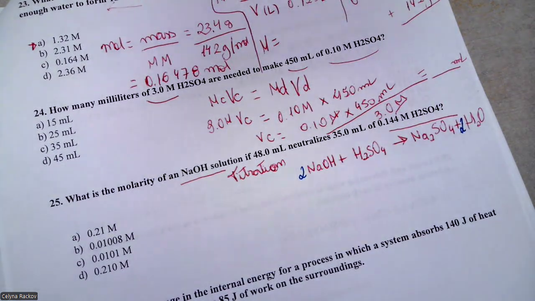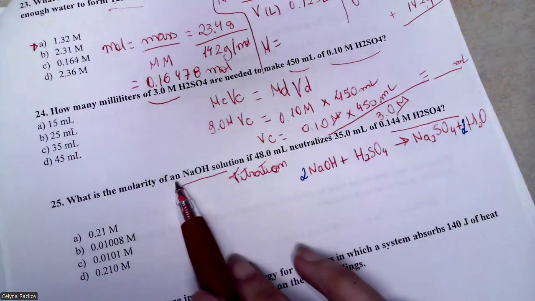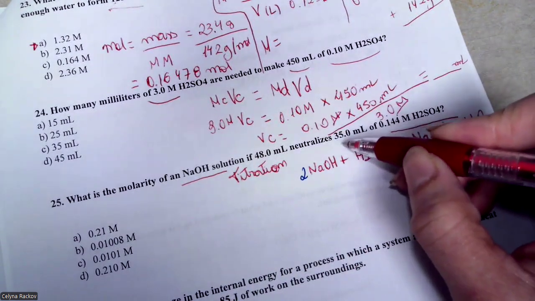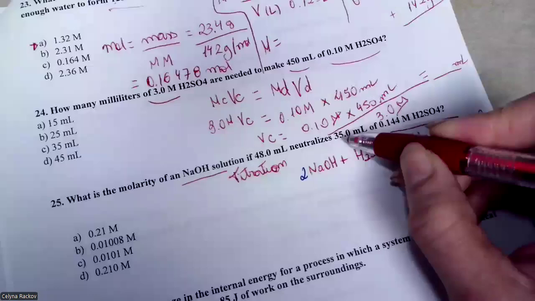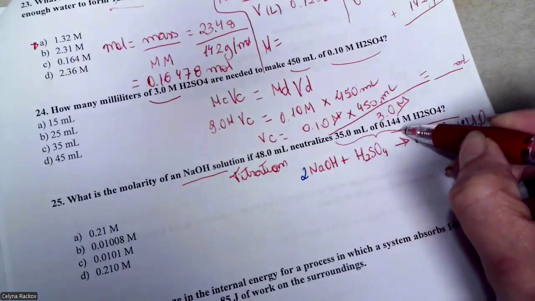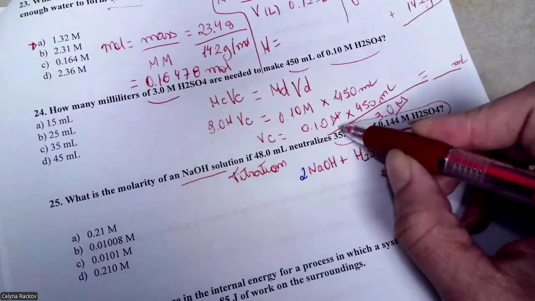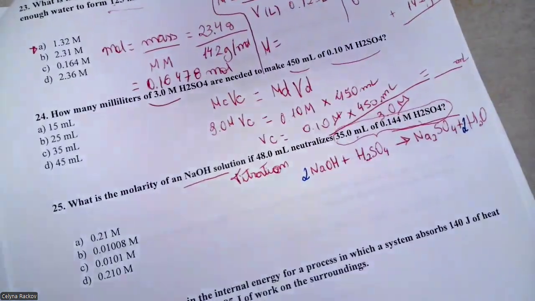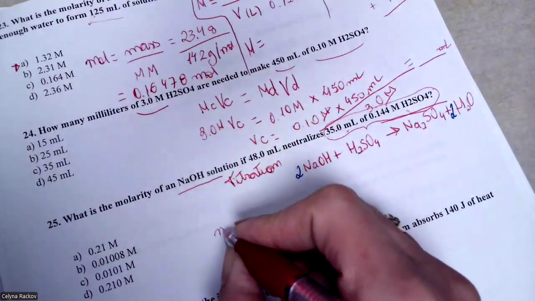What's the next step here? So in a titration, like a neutralization titration, we're going to follow the same approach. We're going to find the moles of the portion for which the volume and the molarity were given. So let's find the moles here first.